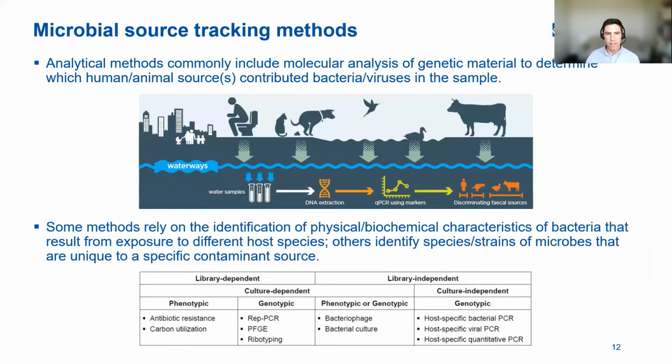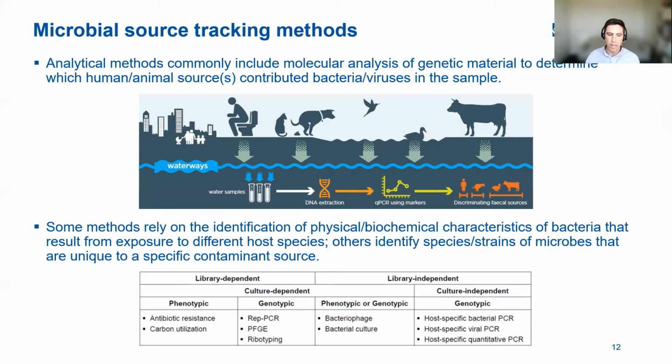In terms of the methods that we have available, there are many methods, and it's important to understand them to decide which ones are most useful to the end user. Usually they include analysis of genetic material, DNA or RNA, by molecular techniques to determine which human or animal source contributed bacteria or viruses in the sample.